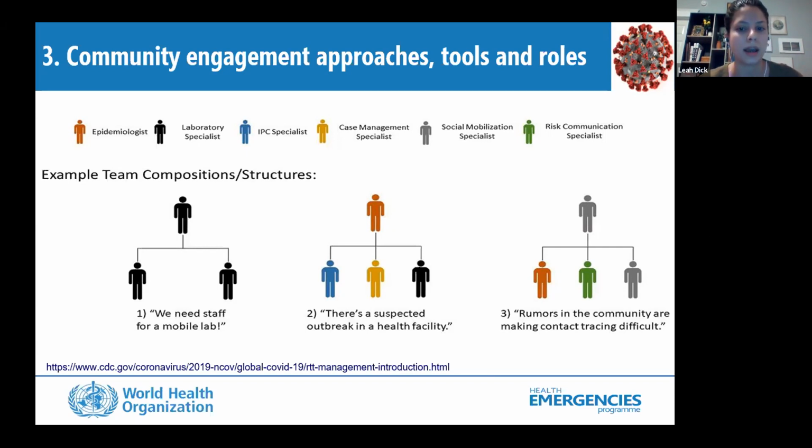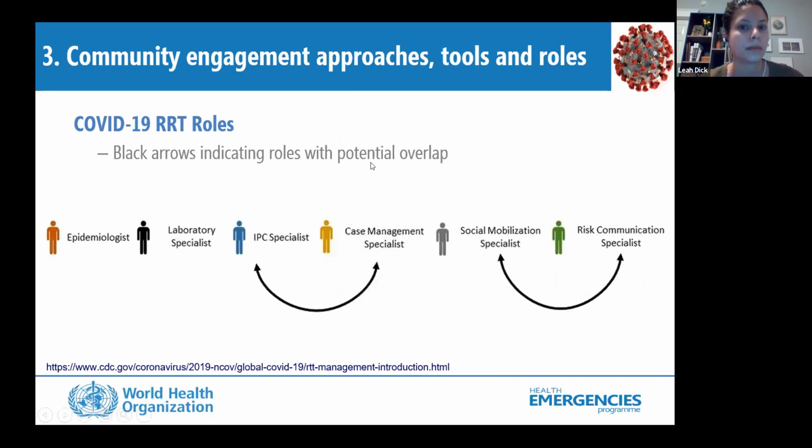So like we said, context is going to be incredibly important here. That means our relationship with the community could change over the course of the response while we're there, or over the response long term. Next slide, please.